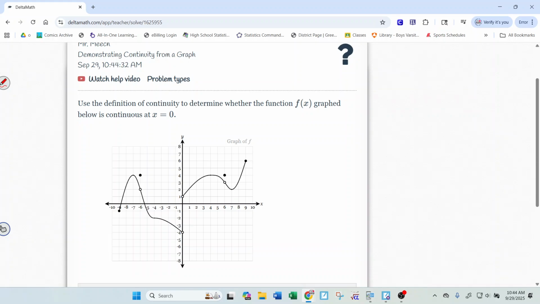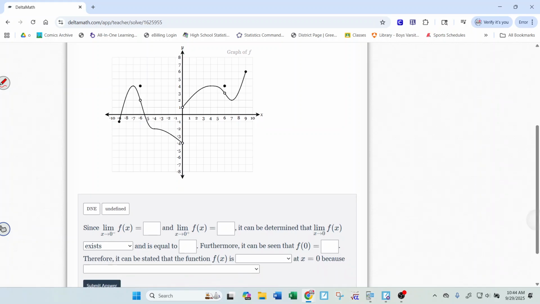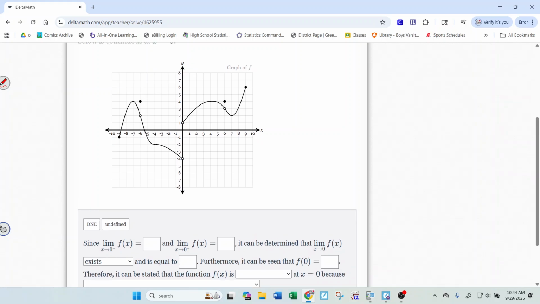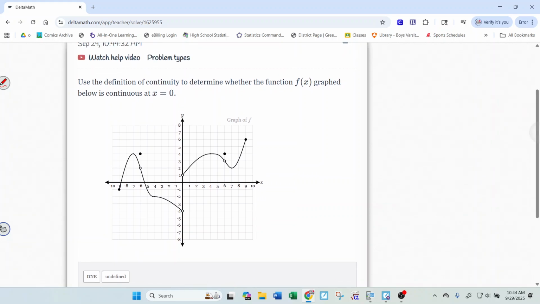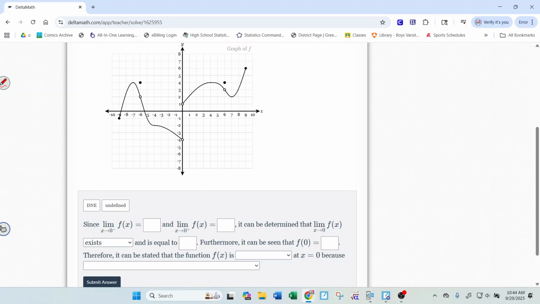It says use the definition. It's going to actually ask you to fill in all the stuff here. So let's look at this. It says use the definition to determine whether f of x, graph below, is continuous at 0. So at 0, what's the limit from the left of the function at 0? -4. And what's the limit from the right? 1. With me? It can be determined that the limit of f of x as x approaches 0 does what? Not exist.